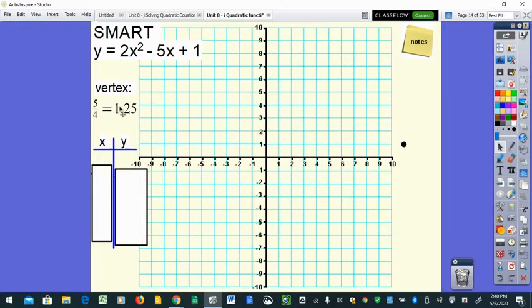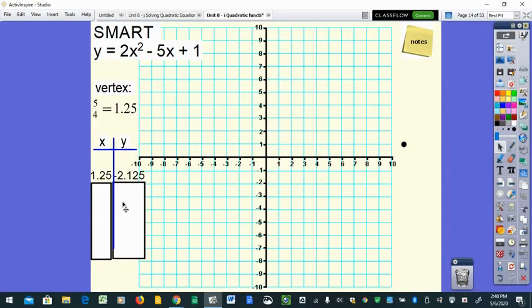That is the x-coordinate of our parabola. To get the y-coordinate, I'm going to take out my calculator and take 2 times 1.25 squared minus 5 times 1.25 plus 1, and I get the y-coordinate of -2.125. If you didn't get the vertex right, the whole parabola could go off, so please make sure you understand that.